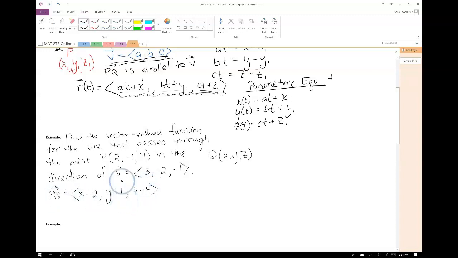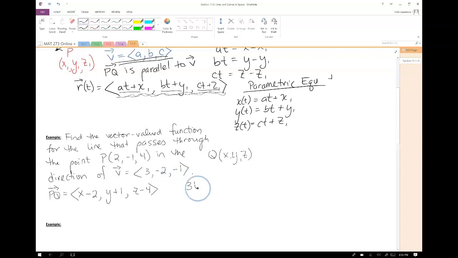And PQ, since P and Q are both on the line, PQ must be on the line. We know V is also pointing in the same direction as the line, which means these two vectors must be parallel. So all those components, when we set them up as a ratio, must have the same ratio value, which we're going to call t.